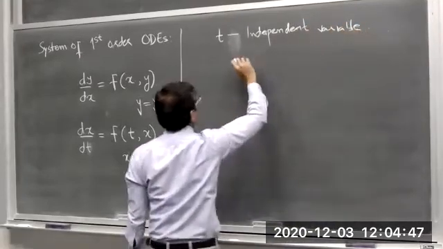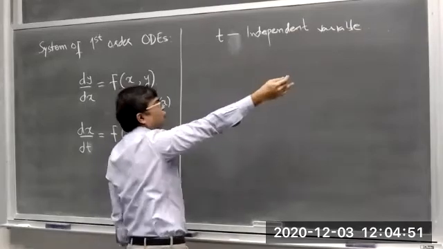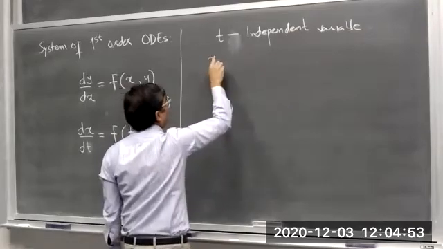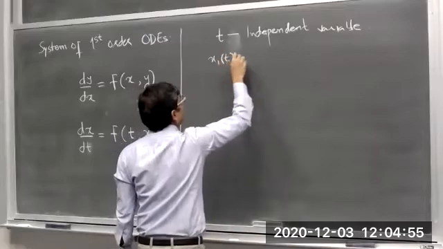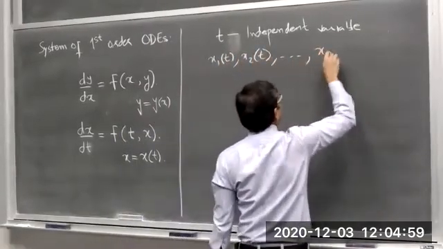We need to define n dependent variables. There is one independent variable t. For example, we can define y1, y2, and so on, yn, or x1 of t, x2 of t, and so on, xn of t.